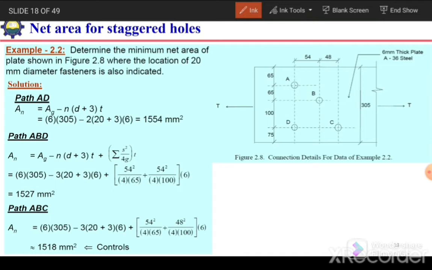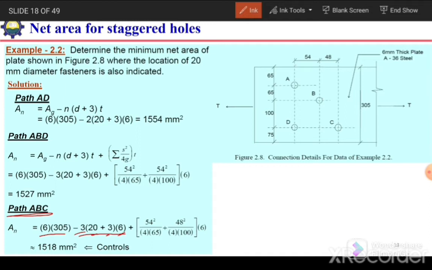Okay, next is the path A, B and C. For path ABC, again the gross area will be 6 times 305. And we need to subtract the area of these 3 holes. So we have 3 holes. Each hole has 20 millimeter diameter of bolt, and then add 3 for the allowance, times the thickness. So this will be the area of hole.